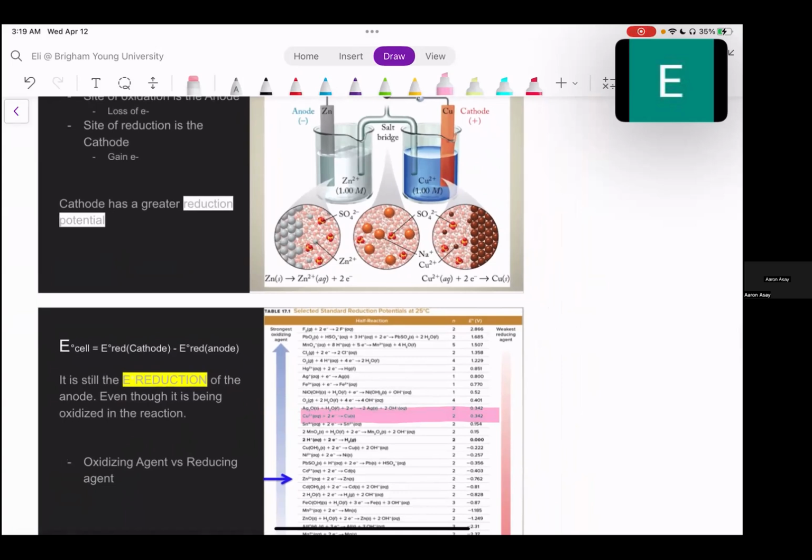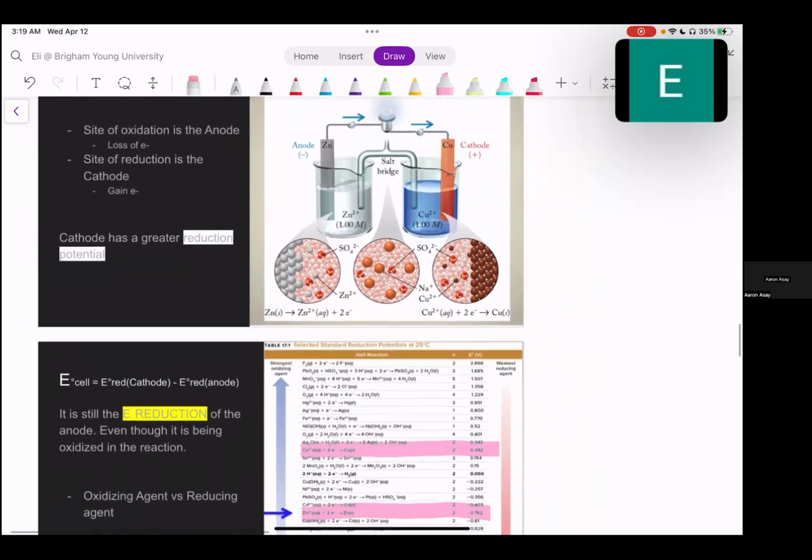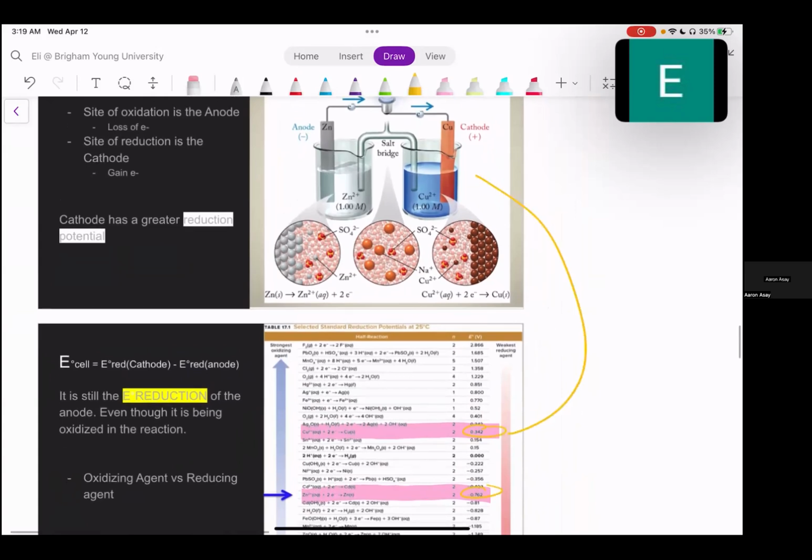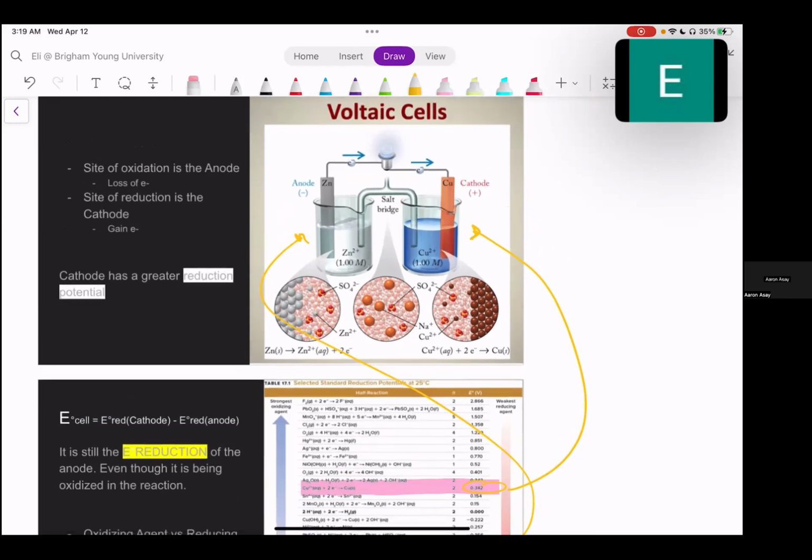And we have zinc, and zinc's going to be down here. So we see that copper has a much greater reduction potential than zinc, right? And for that, it's going to be taking the electrons from zinc in a voltaic cell.